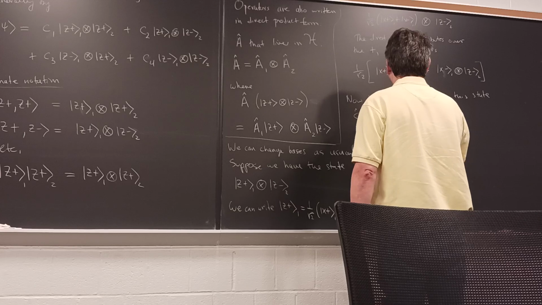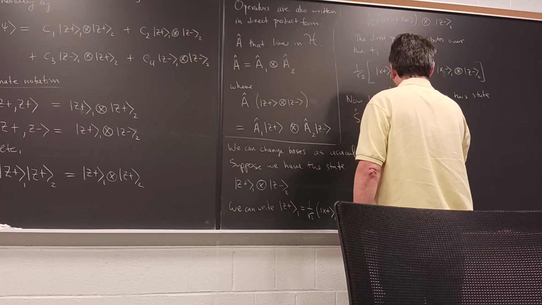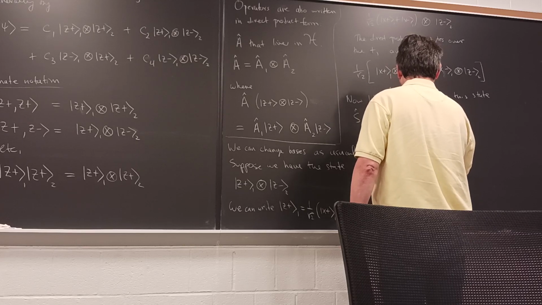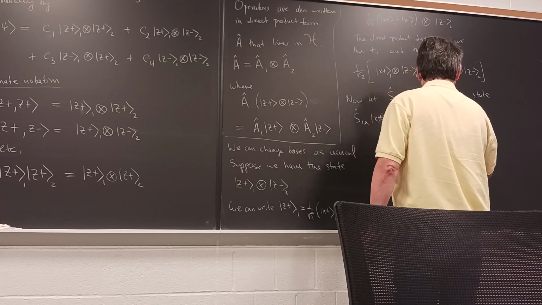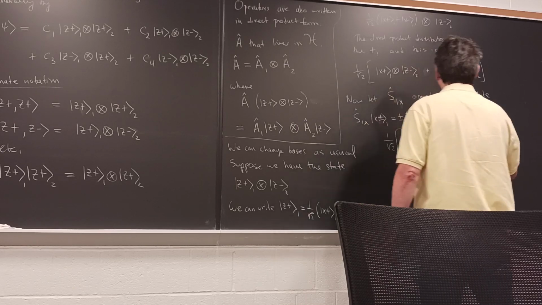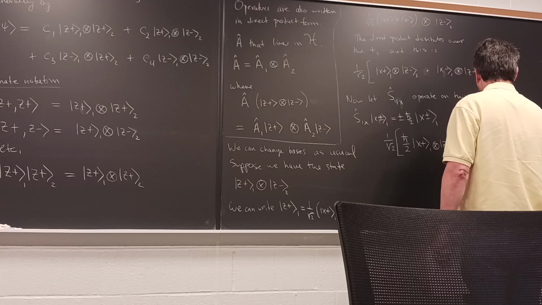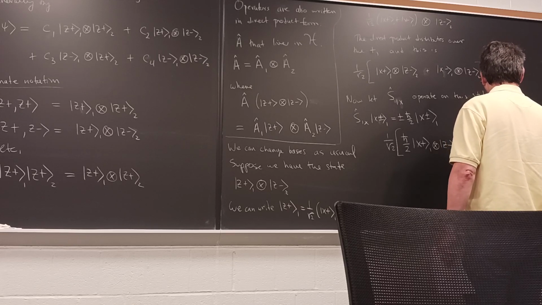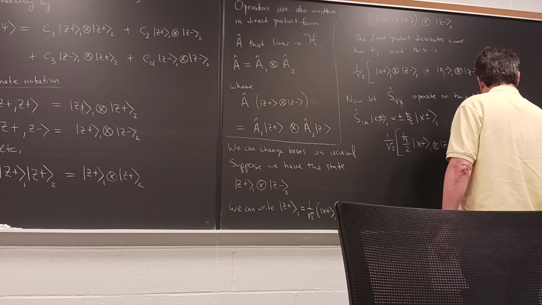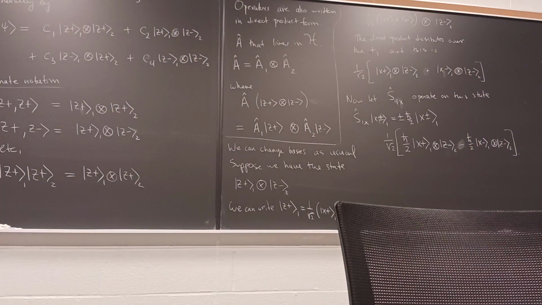And so then we would have 1 over the square root of 2, we would have h bar over 2. Okay, so all of the operations that we've done before just go through the same way they always have.